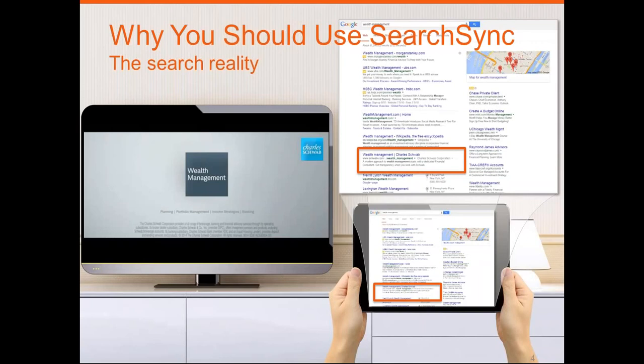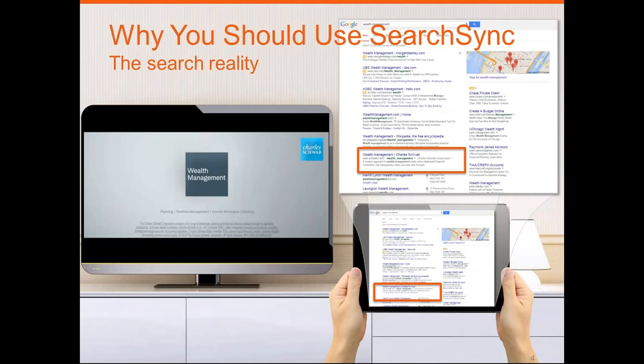So imagine that you spent a lot of money on a TV ad. You're running a TV campaign, and what's at the top of the search listing is one of your competitors.